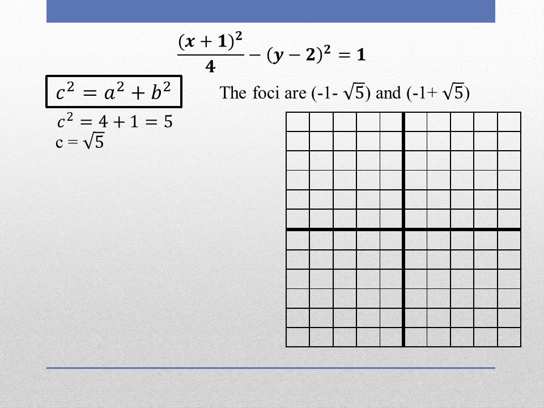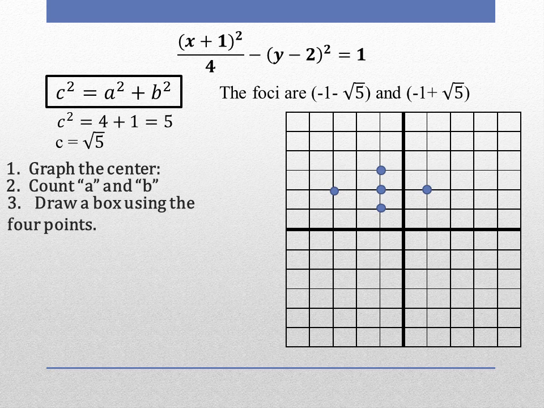Now we can graph this. So our center is (-1, 2). Now we're going to count the a and the b. Now a squared is 4, that means a is 2. And b squared is 1, that means b is also 1.